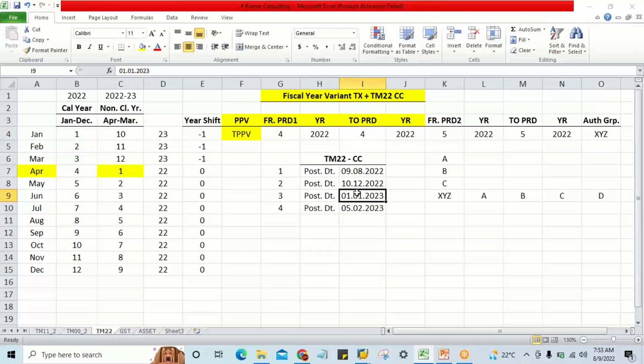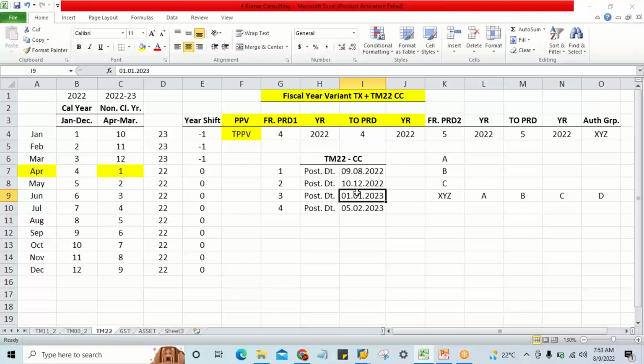Then you have to say that for that we have another setting called year shift. Which year shift is going to be given? -1, right? Why -1? Can you quote one example where year shift is going to be +1? I'll tell you guys, it is impossible to crack the interview with little knowledge.